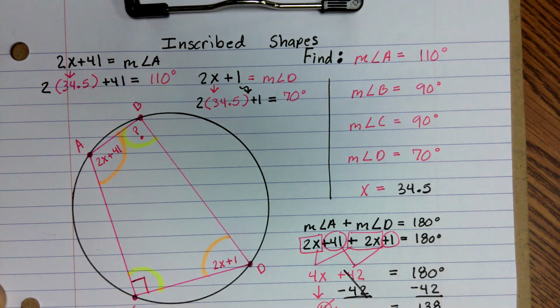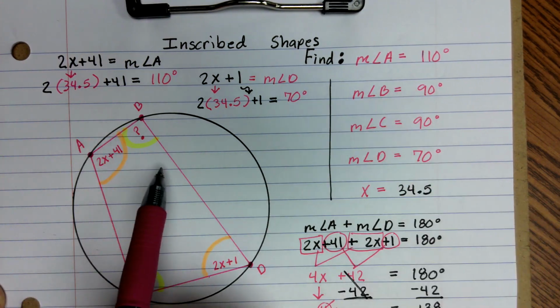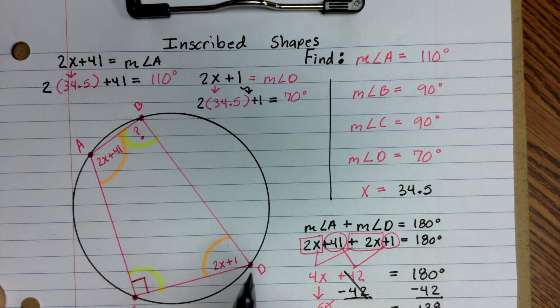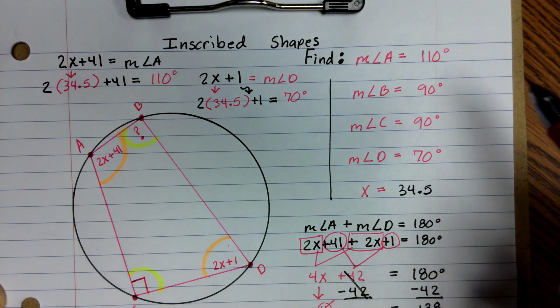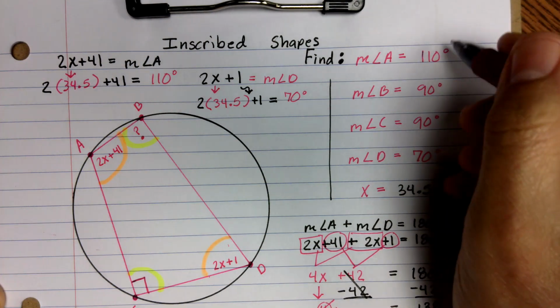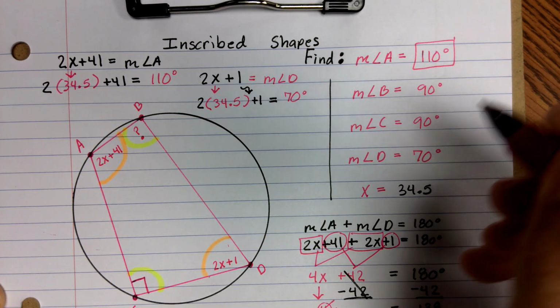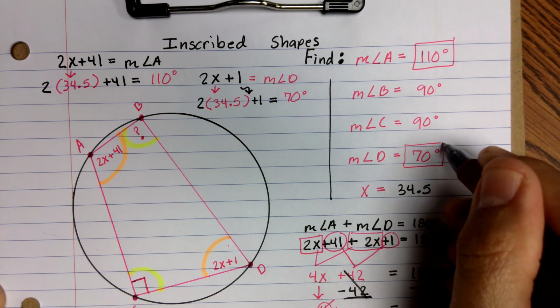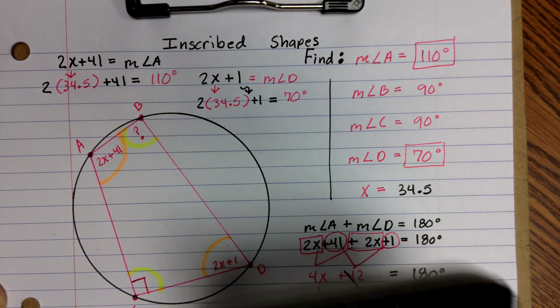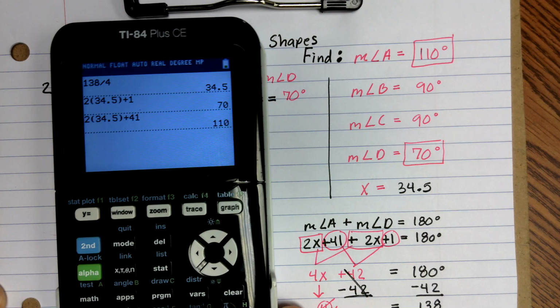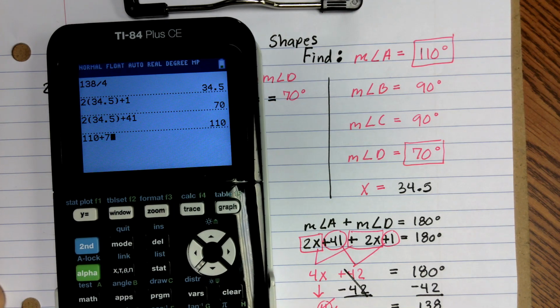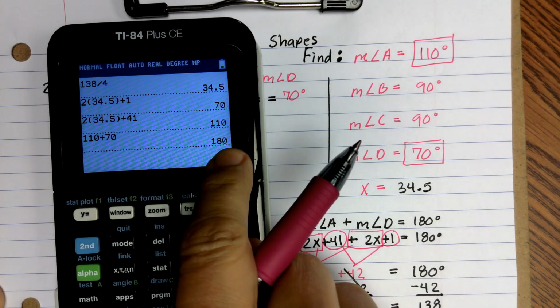Now keep in mind, if we did these right, then we should be able to add angle A and angle D and get 180 degrees. So if I take angle A, which is 110 degrees, and this is just to check our work, and add it to angle D, which is 70 degrees, it should give me 180. We can check it with the calculator real quick. We can do 110 plus 70. Notice it does give me 180.